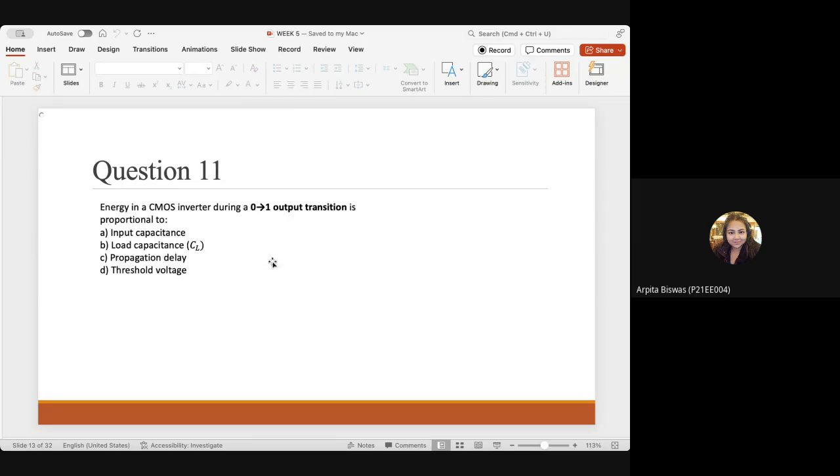Question number 11. Energy in a CMOS inverter during 0 to 1 output transitions is proportional to input capacitance, load capacitance, propagation delay, or threshold voltage. Load capacitance, ma'am. Yes, load capacitance is the right option, option B. This is question number 12. In a CMOS circuit, dynamic power dissipation is mainly due to leakage current, charging and discharging of load capacitance, subthreshold conduction, or gate tunneling.